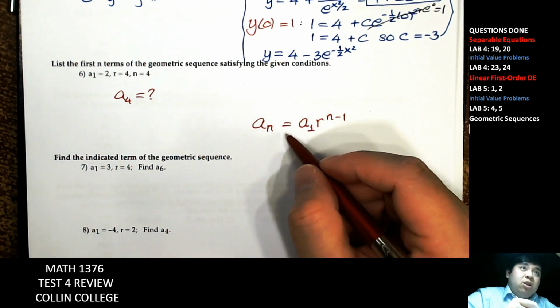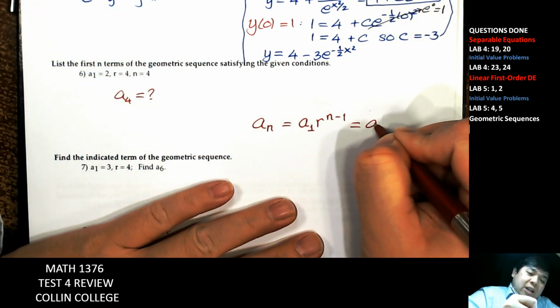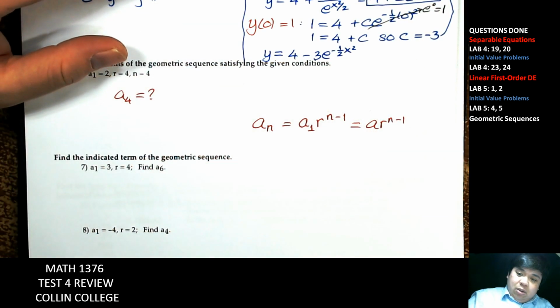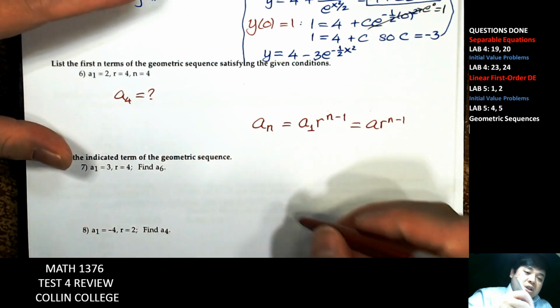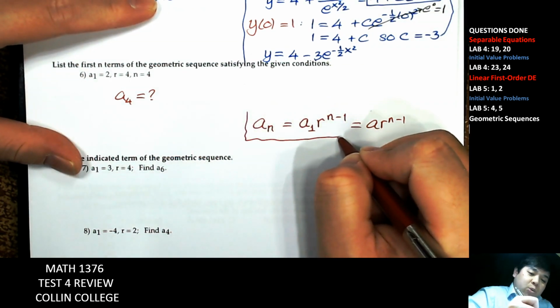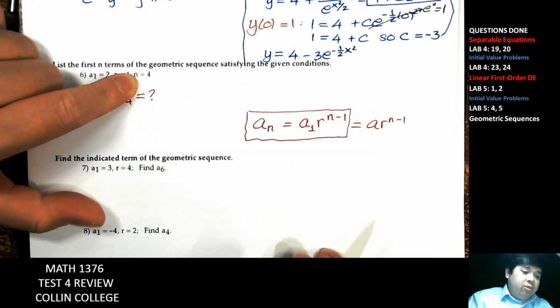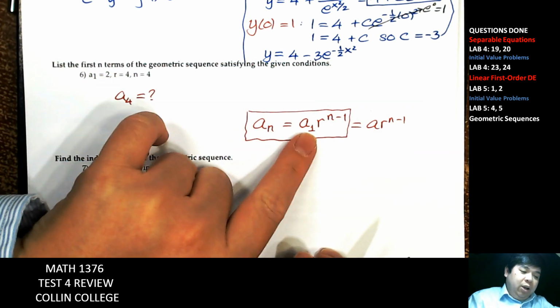Whatever we have for the first term, it could be a or could be a_1. It depends. But usually a_1 is more standard. More people use a_1. So since here we find the 4th term, put in values for n, a_1, and r.